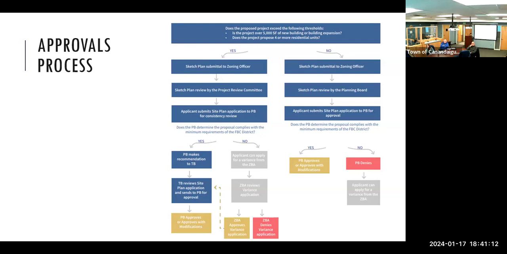If it's over 5,000 square feet and has more than 4 residential units, it's going to go to the town regardless of variances or anything, right? So those are the overarching big thresholds.